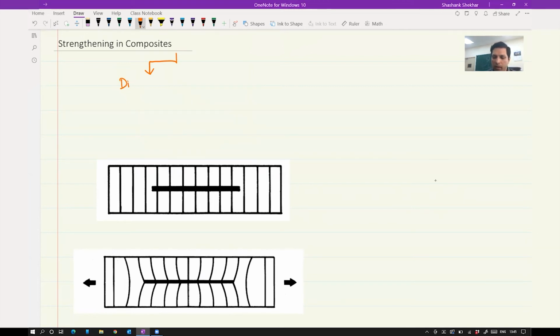Now we will look at it in a more specific way. So there is direct strengthening, and then there is indirect strengthening.